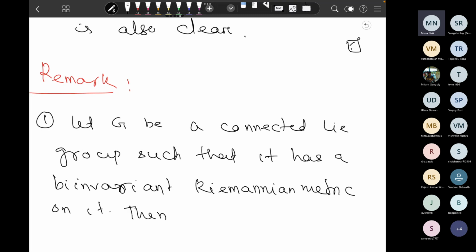Then G has to be necessarily unimodular, because the Riemannian measure has to be left invariant and right invariant.